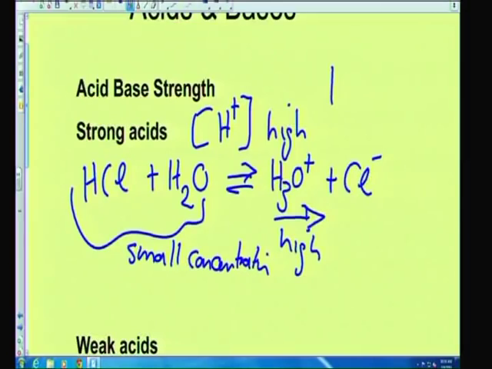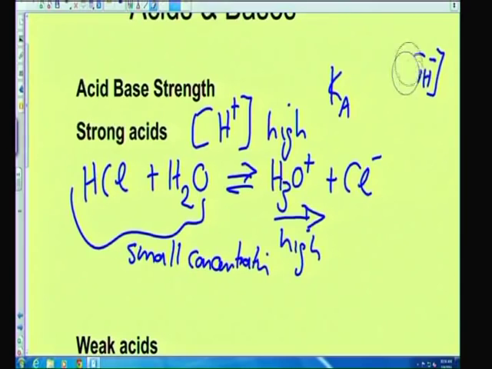Very, very important. We therefore will say that the Ka value is going to be the product of the hydrogen ion times the hydroxide ion concentration, or in this particular case, sorry, it's not that.